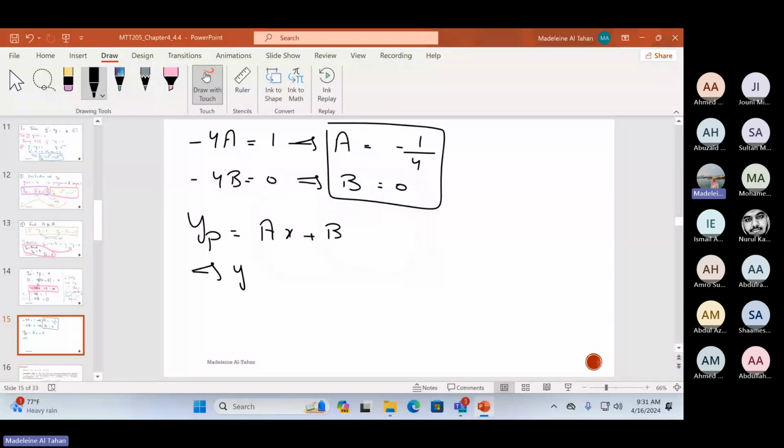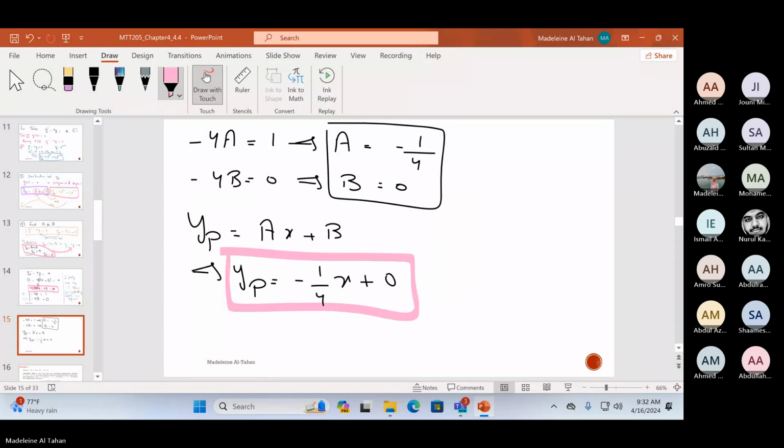It means that yp is equal to negative x over 4 plus 0. So we found yp. This is step number 4, finding a and b. Any question?